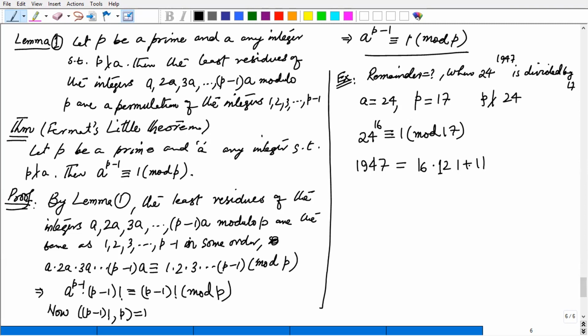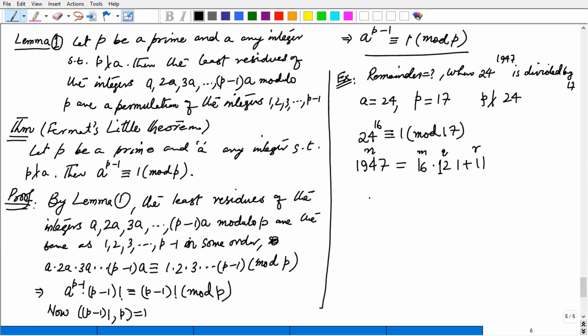You can use the division algorithm here. Because 1947 should be divided by 16, you need to find Q and R such that N equals M times Q plus R. So we just used the division algorithm here.